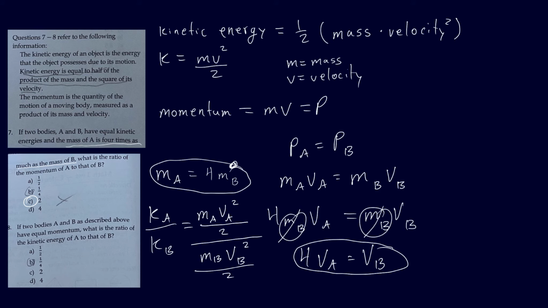And then I'm going to multiply this entire fraction by 2 over 2 to get rid of those 2s in the denominators in both the numerator and the denominator. So I'm just going to erase the division by 2. Again, I just multiplied top and bottom by 2 over 2.